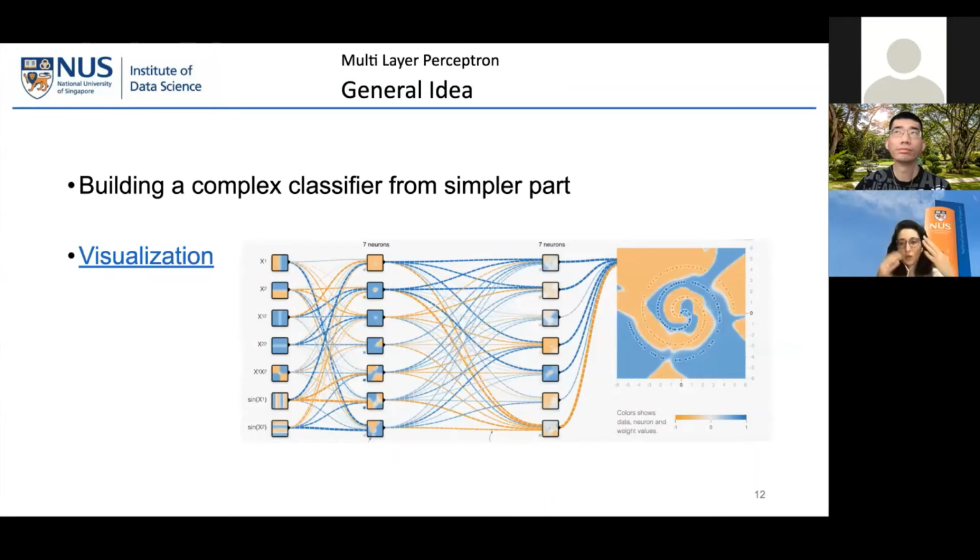But the idea is really to combine some simpler building blocks, okay?